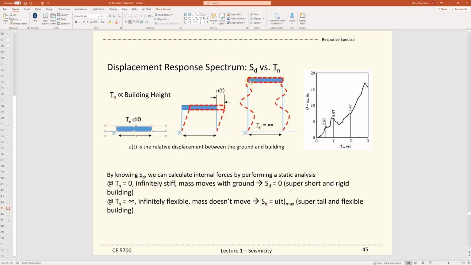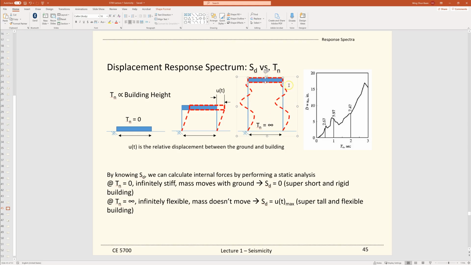And the other extreme case is if the building is infinitely long or infinitely tall. So it will be highly flexible, or infinitely flexible. When the ground shakes, the mass of the structure will ignore the rod that supports the mass.